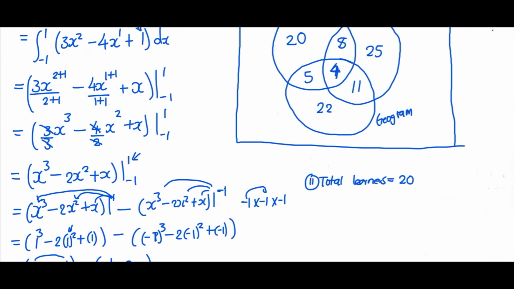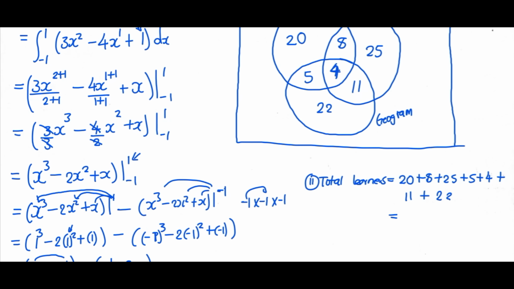So it's 20 plus 8 plus 25 plus 5 plus 4 plus 11 plus 22.